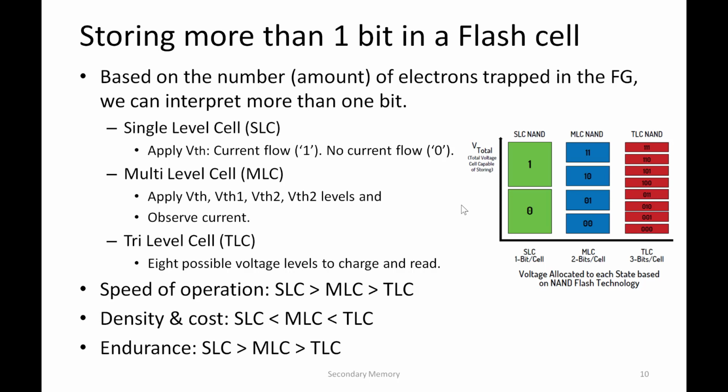When it comes to endurance, because we need to have a much tighter control on the number of electrons that are in the floating gate, the oxide layer undergoes even more stress. That is the reason single level cell has the highest endurance when compared to MLC or TLC.